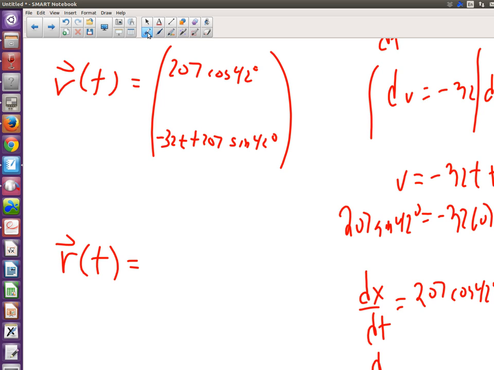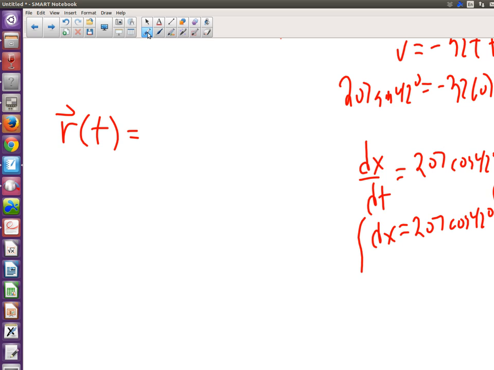All right, so dx is 207 cosine 42 degrees dt. So integrate and you get x equals 207 cosine 42 degrees t plus another constant.